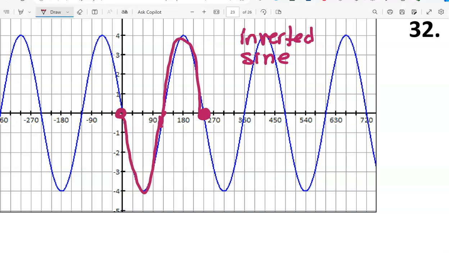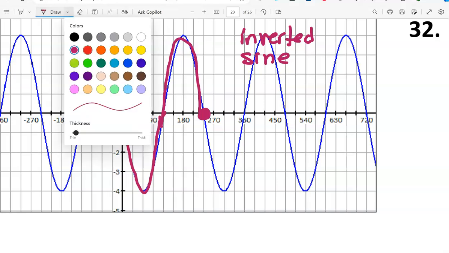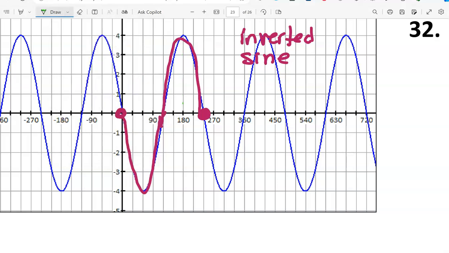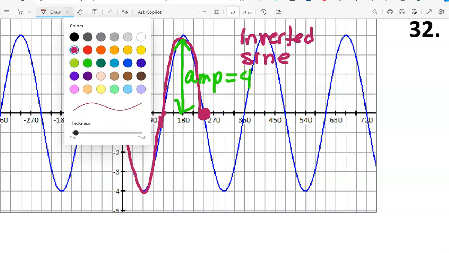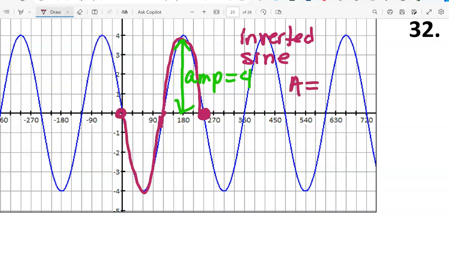And so one of the other things that I can observe is the amplitude, and that amplitude is 4. So far what we know is that the value of A is -4. Now we can go about finding the value of B, which really represents, instead of vertical stretch, horizontal stretch or compression.